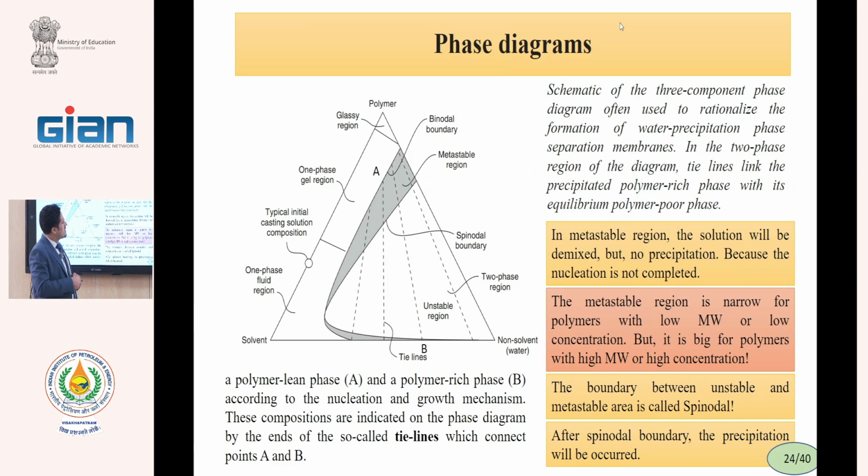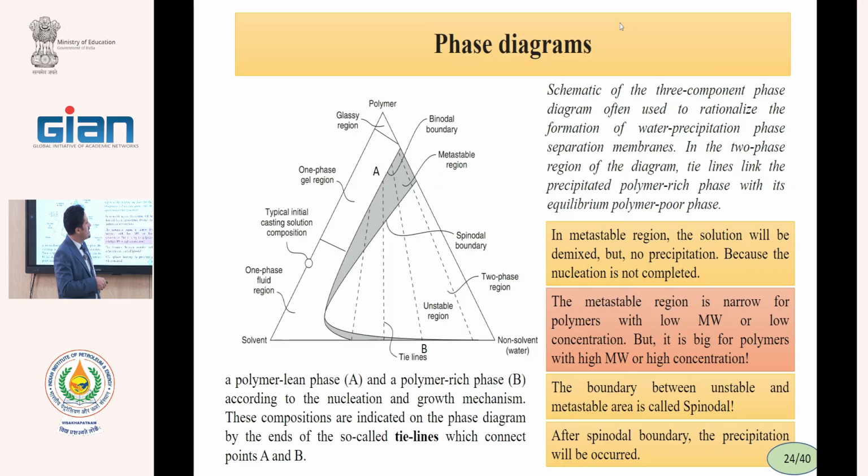And with change of the composition of the casting solution, we can change the metastable region area width, and this goes to the membrane final structure. After addition of the most non-solvent, we have reached the spinodal boundary.